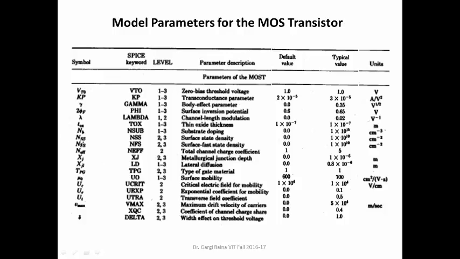As we will see later, these three, NSS, NFS, and NEFF, are often used as fitting parameters. So for each one, the default values to start with are 0, 0, and these are the typical values that one gives.